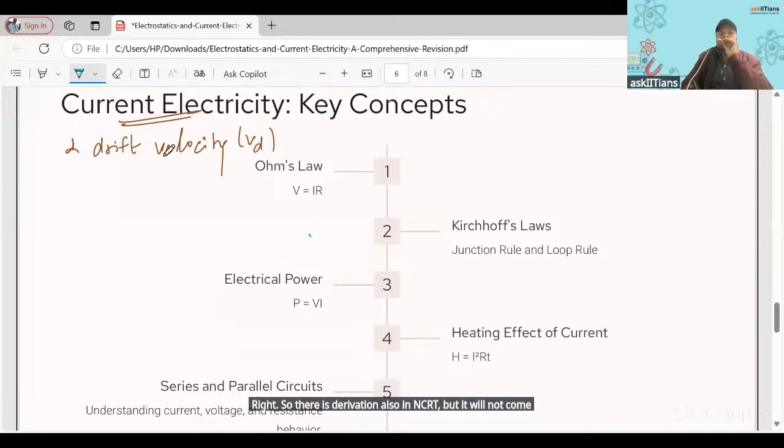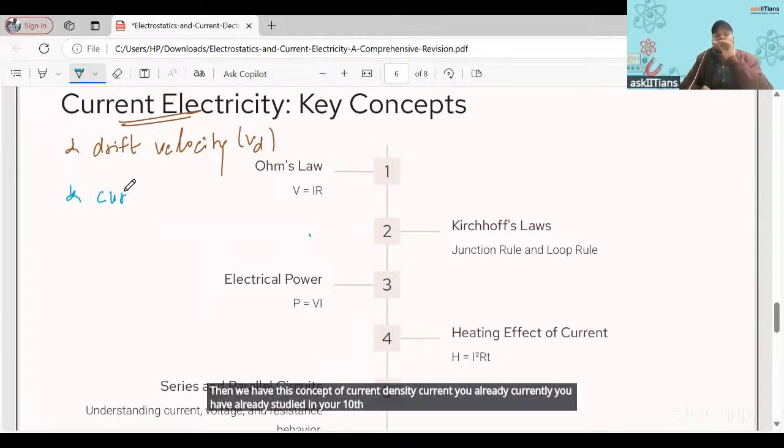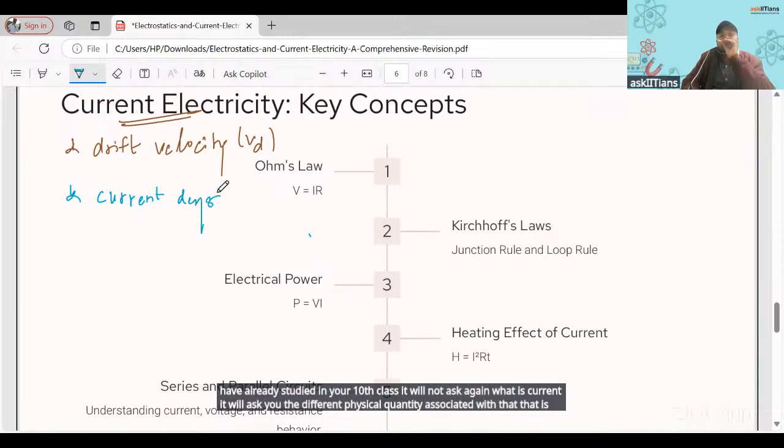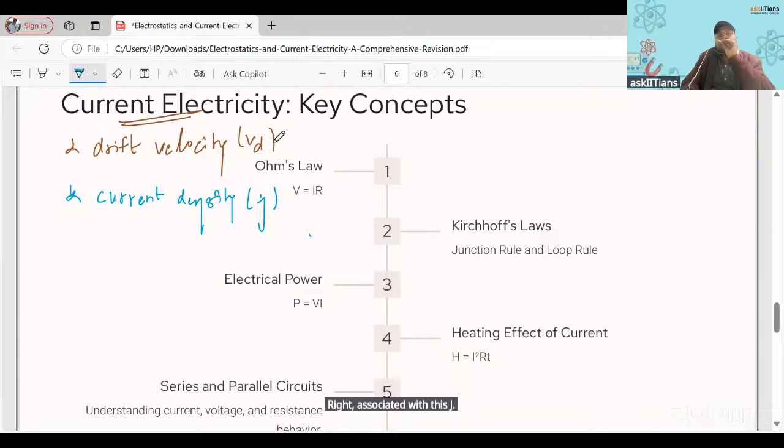Then we have this concept of current density. Current you have already studied in your 10th class. It will not ask again what is current. It will ask you the different physical quantity associated with that, that is current density, J. Can you tell me the relation which relates current density and drift velocity?